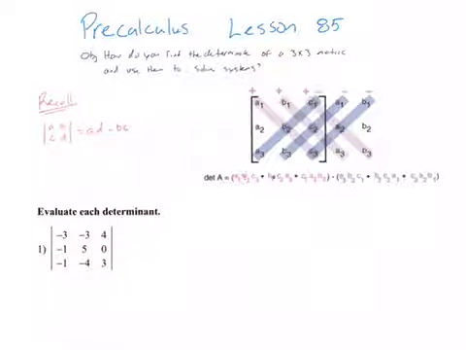That's this, this, and this. Then you subtract the product of this times this times this, plus this times this times this, plus this times this times this. 1, 2, 3. So it's this first one minus the second one.